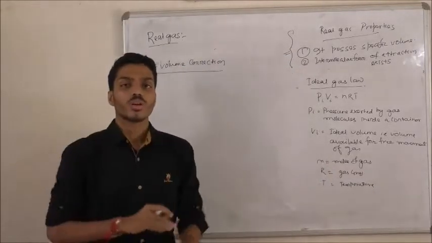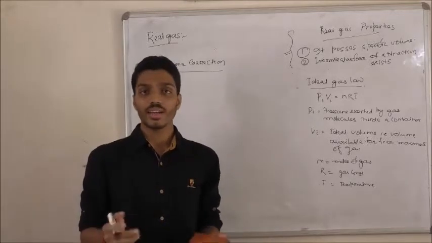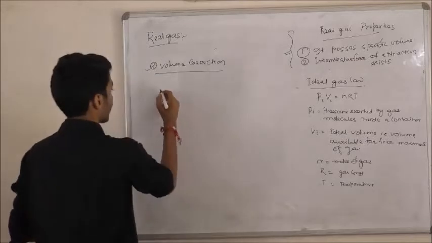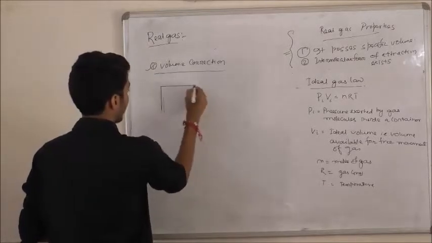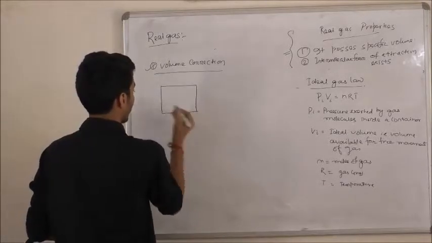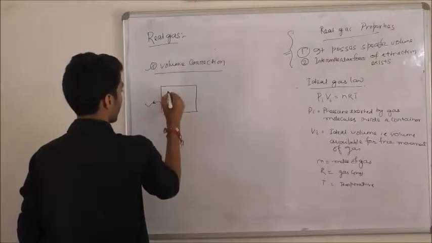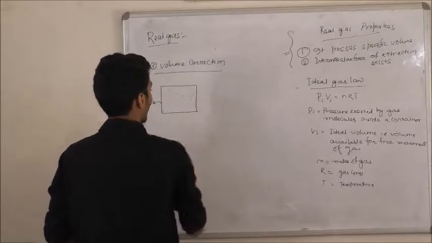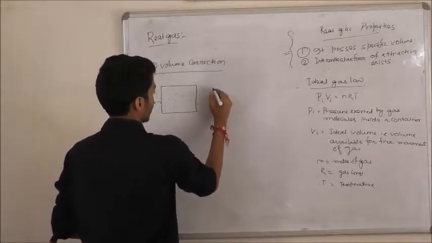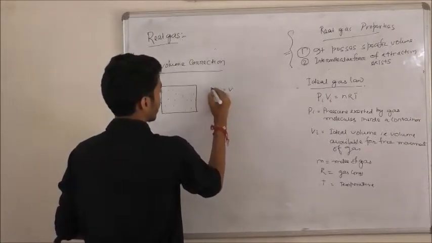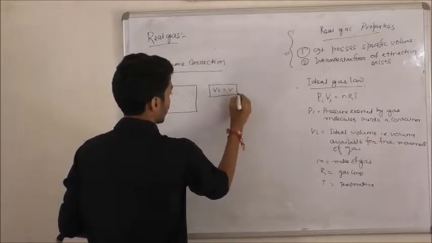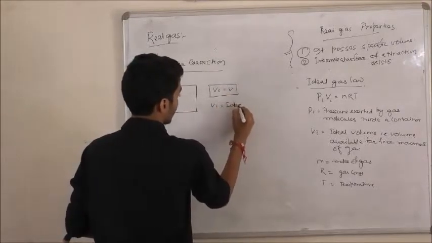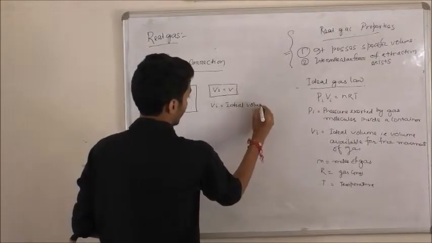Now suppose we take an ideal gas in a container of volume V. So what happens here? Here Vi equals V, where Vi is ideal volume.